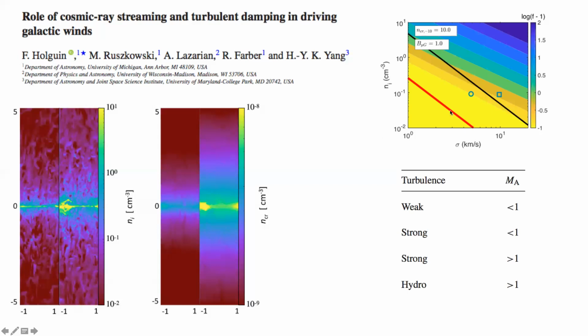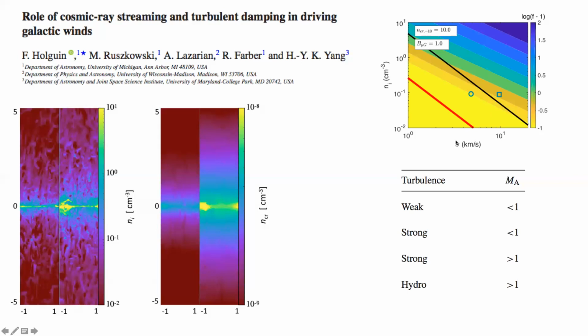And the color shows the enhancement of the cosmic ray bulk speed over the Alfvén speed. So this yellow color means that it's only about 10 to the minus 1 above the Alfvén speed. So 1.1 times the Alfvén speed.